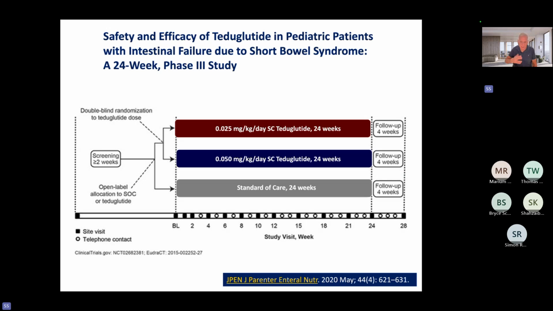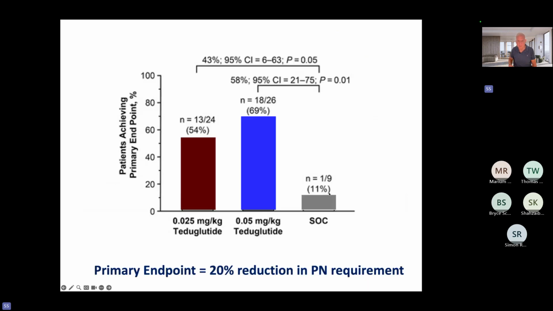This was published in JPGN, and here we have a double-blind randomization to either 0.025 or 0.05 milligrams per kilogram per day, given subcutaneously versus standard of care. And then there was follow-up at 4 weeks.